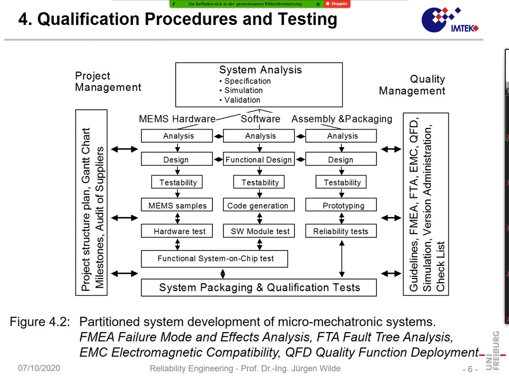You have the world of mechanical engineering. Here you have processes like machining. You have special software like CATIA, for instance, and certain finite element software for mechanics, or also for electromagnetics.